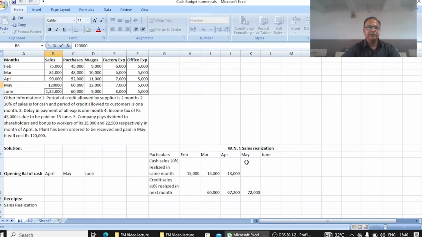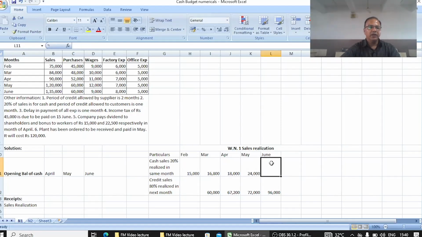Now 120. 20% of 120 will be collected in the same month, in the month of May. It means 24,000 will be collected in May, and the remaining 80% of 120, which is 96,000 rupees, will be recovered in the month of June.